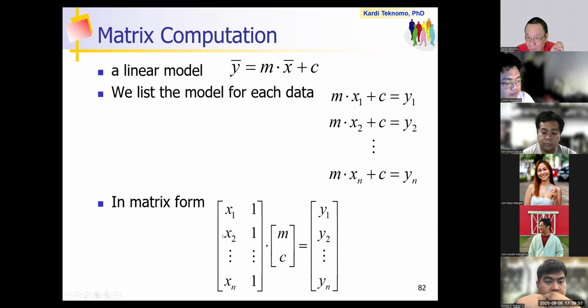In the second row, you have x2 multiplied by m plus 1 multiplied by c equals the second value, which is y2. Exactly this row. Is this clear? My question: if you have the data, can you put it into matrix form like this?